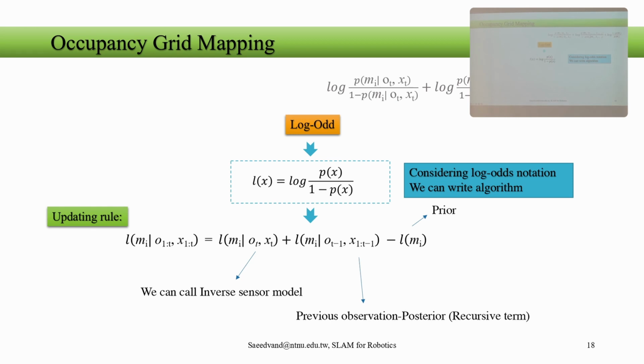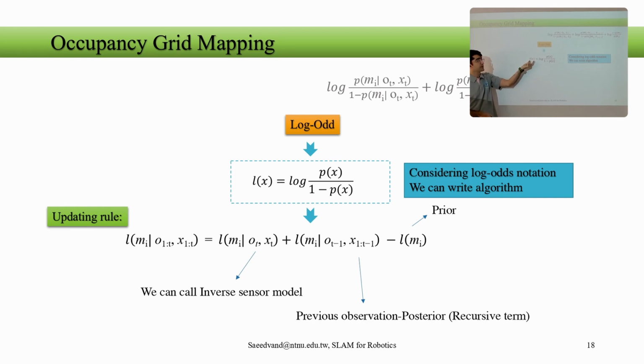So now, if you want to bring it to the form of an algorithm, you may say, okay, this looks like a big term, how can we implement it in code and bring it to the algorithm form? First of all, we can have some definitions and simplification of writing. We can say the log-odd form can be written as Lx equal to the logarithm of probability of x happening or not happening.